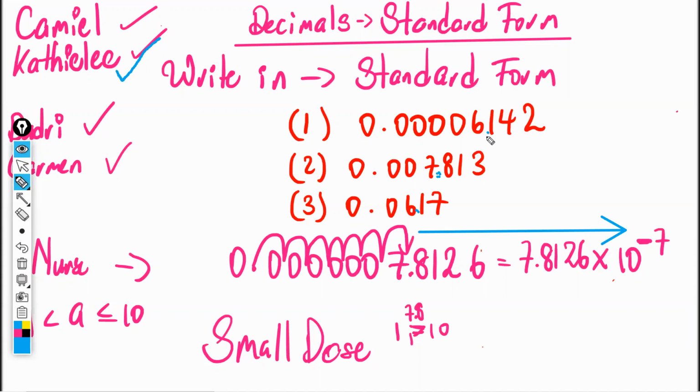That's where you move it to. So you move the point, and the number has to be between 1 and 10.